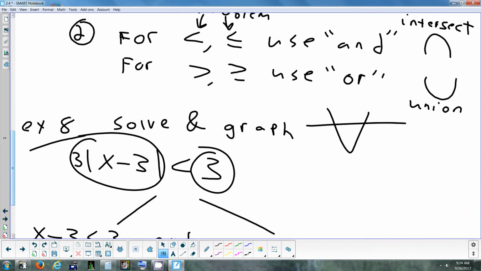Divide by 3. That would cancel the 3, and because it's a positive 3, you don't flip anything. If you divided by a negative, you would flip. So sometimes in these problems, you can end up flipping a couple times, depending on if you have a negative there or a negative out front.